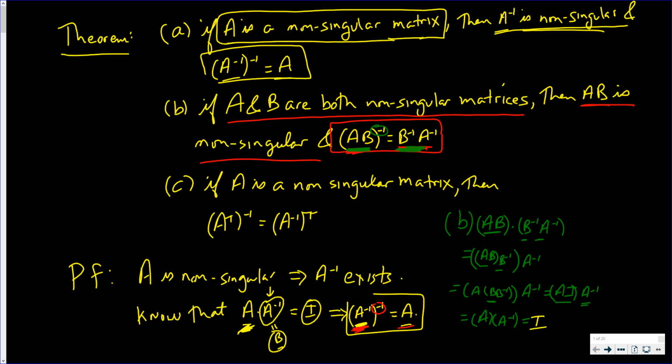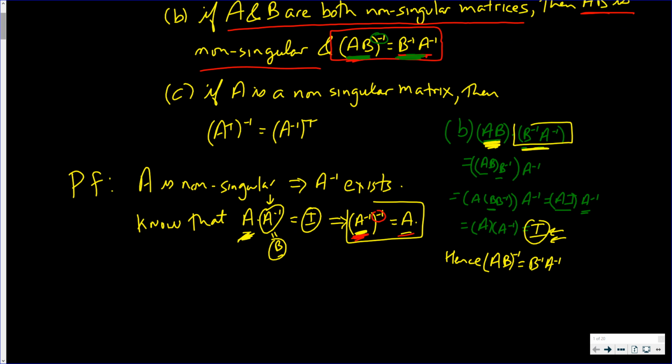That is, I was able to multiply AB by something and get the identity. Hence, the inverse of AB is whatever I multiply it by, which is B inverse A inverse, to get back the identity. So I proved that theorem.